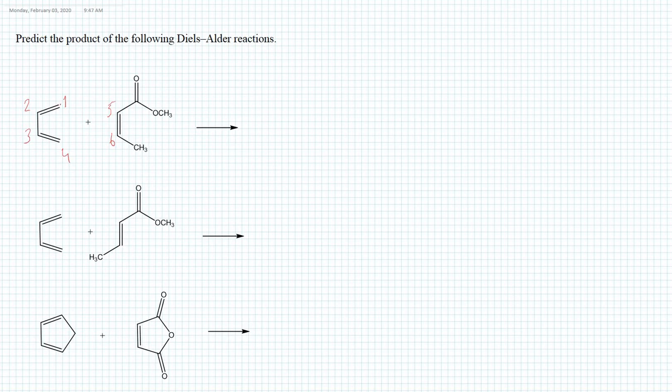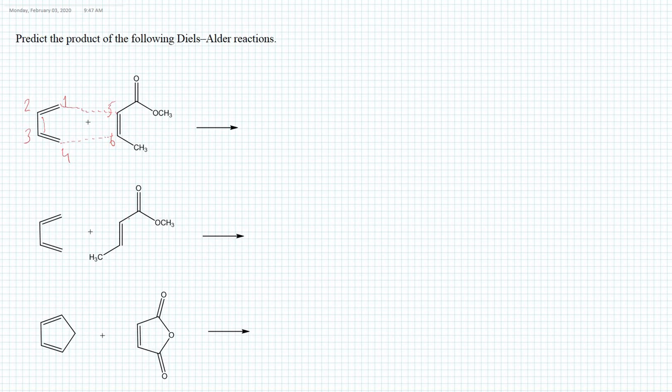Number 1 carbon is going to make a sigma bond with number 5, and number 4 is going to make a new sigma bond with number 6, and here between 2 and 3 I'm going to write again a new pi bond as a dash. Then we can write the resulting product.